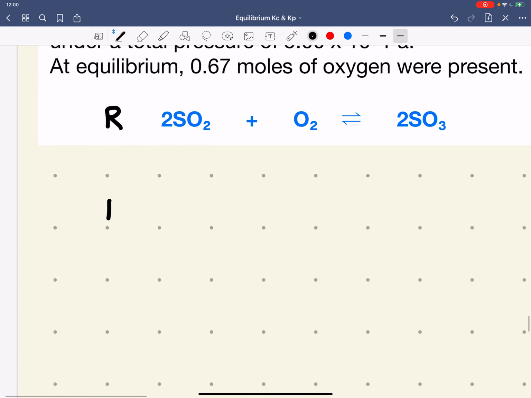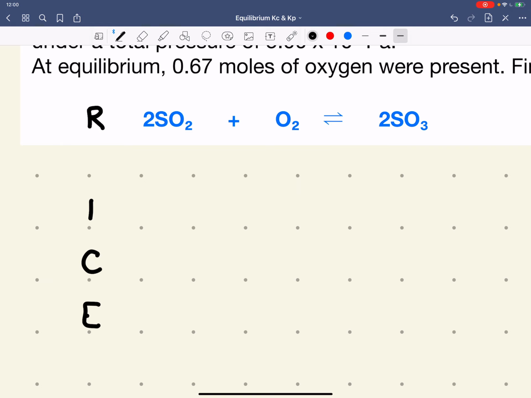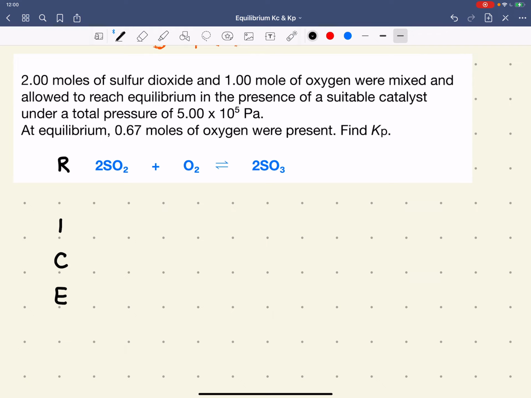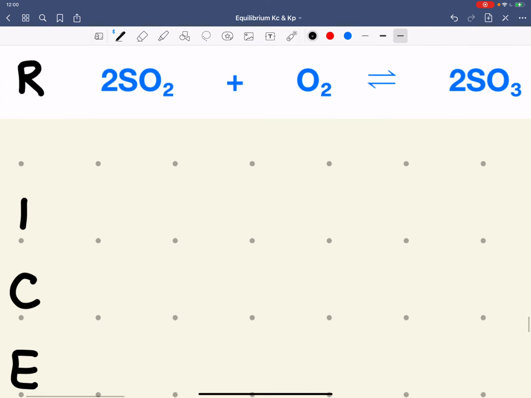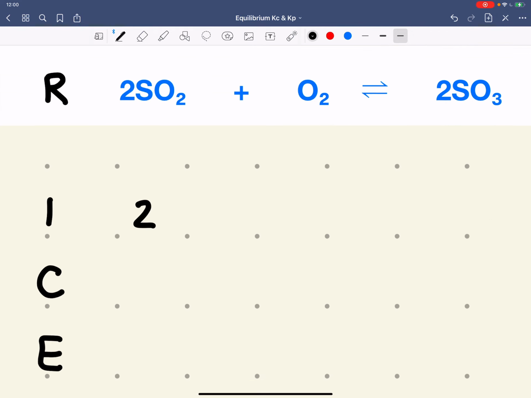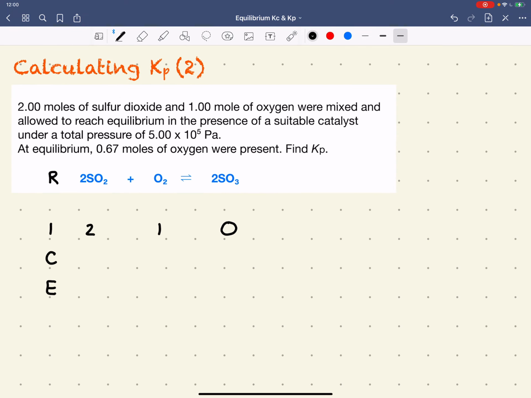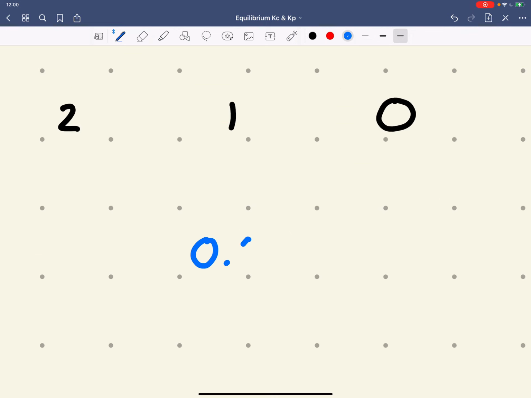Firstly, we've got to do a RICE table to work out the number of moles of each component at equilibrium. I've been told that I've got 2 moles of SO2 and 1 mole of oxygen, and we always assume, if we're not told otherwise, we've got 0 moles of the other component in the mixture. Now, at equilibrium, I've got 0.67 moles of oxygen, so this must have decreased by 0.33 moles.